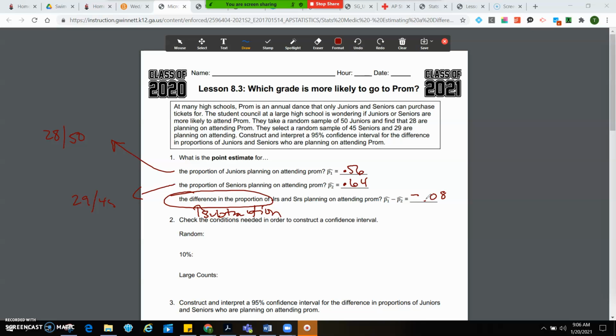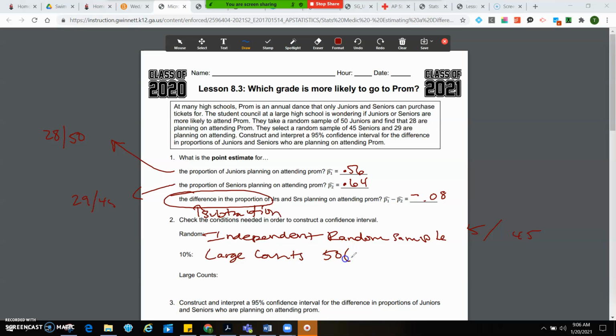Now, we are going to check the conditions needed in order to construct a confidence interval. So remember, this is going to be an independent random sample of 50 and 45. And then you also want to take into consideration for that 10%, you've got large counts.